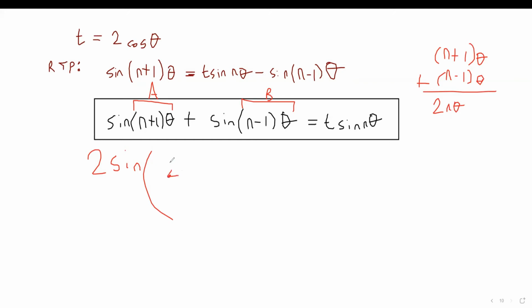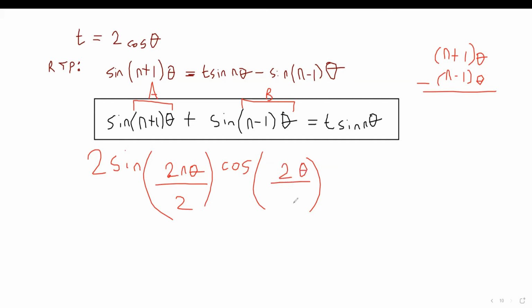When I add it, I would get 2n theta over 2. Then it is being multiplied by the cos of half the difference. The cos of half the difference means I need to subtract. So this would be n times theta minus n times theta, that's 0. And this is theta minus minus theta, that's 2 theta. So that's 2 theta over 2.